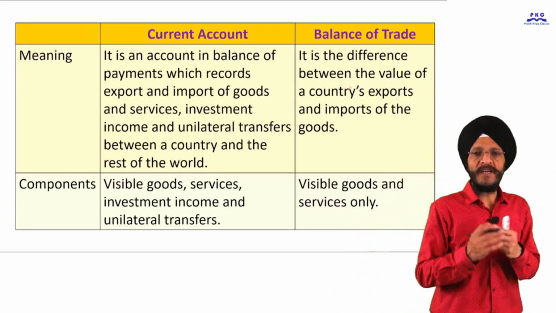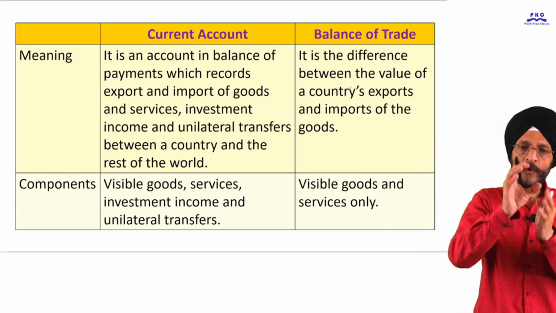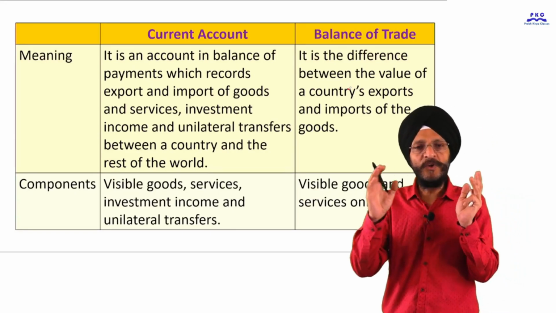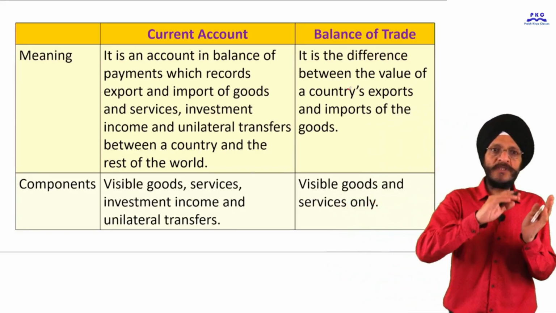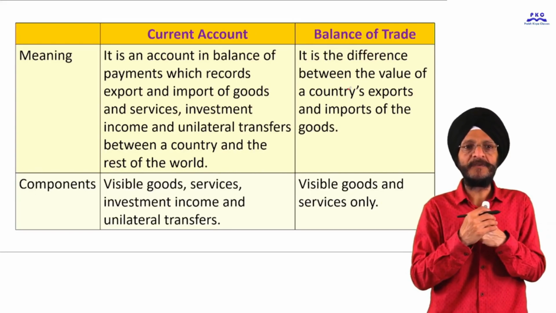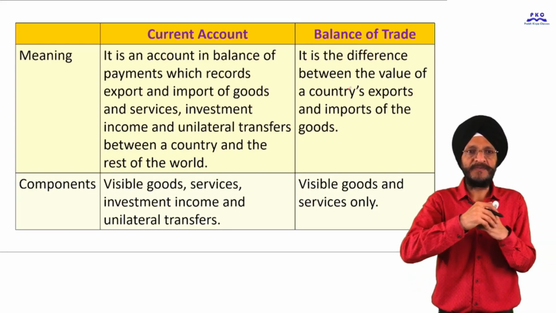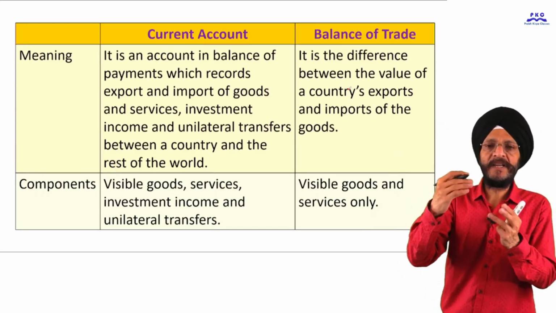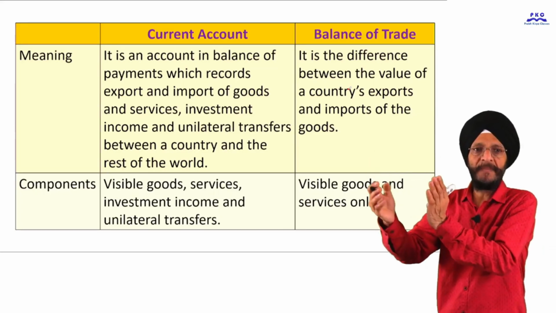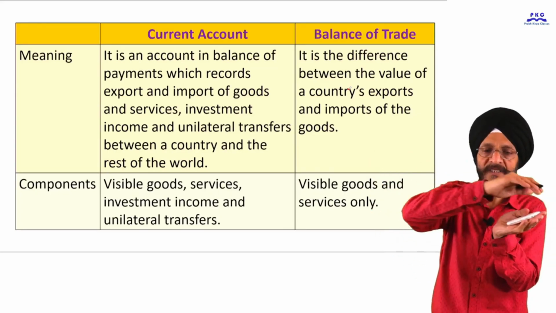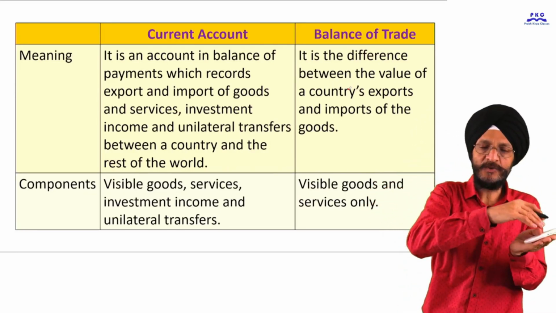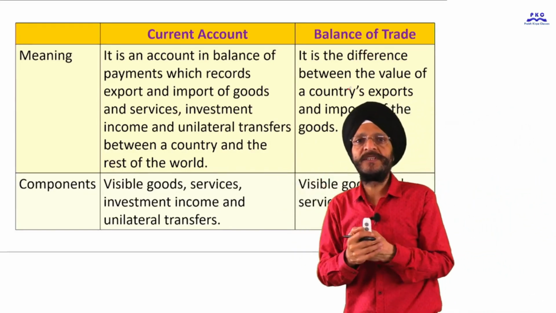Current account is one of the components of balance of payments where we record exports and imports of goods and services, unilateral transfers paid and received, and investment income received and paid. All these transactions are recorded when they take place between the residents of a country and the rest of the world.